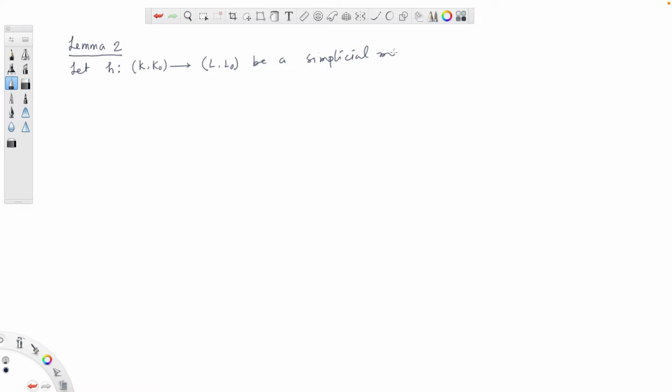Recall from the previous lectures that a simplicial map between two pairs.